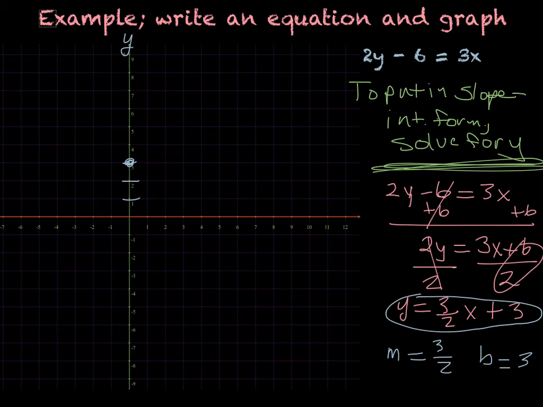And then I go rise over run, so I'm going to go up 3 and over 2. And then I just connect my points and draw a line through them with arrows on the end, and that's my final answer.